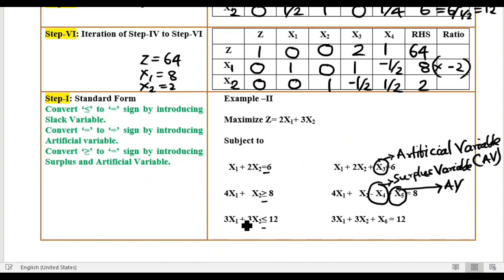And in this equation we have only introduced a slack variable.